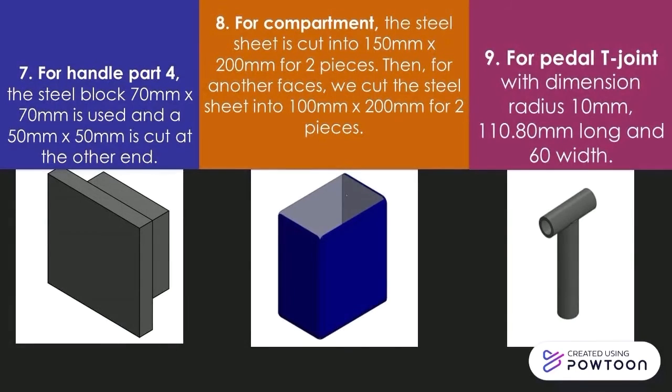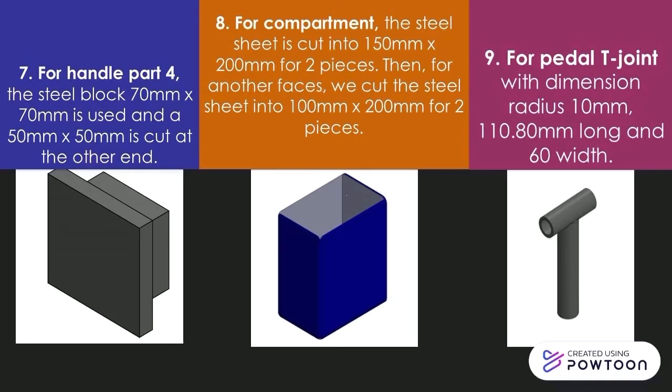For handle part 4, the steel block 70 x 70mm is used and a 50 x 50mm is cut at the other end. For compartment, the steel sheet is cut into 500 x 200mm into 2 pieces. Then for another face, we cut the steel sheet into 100 x 200mm for 2 pieces.